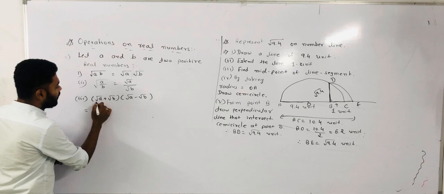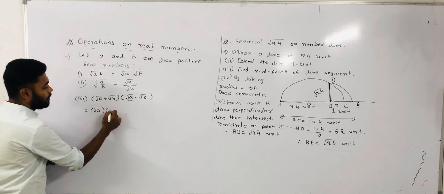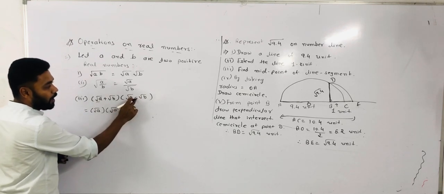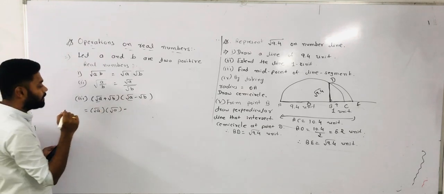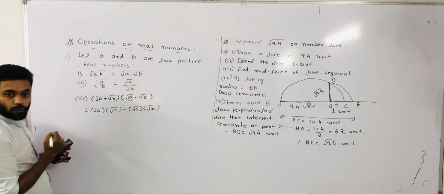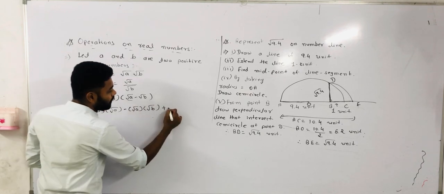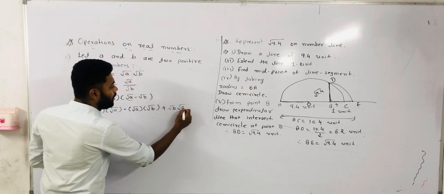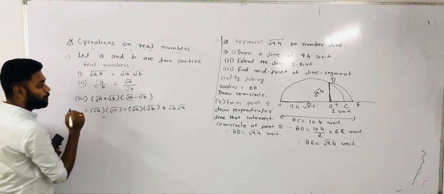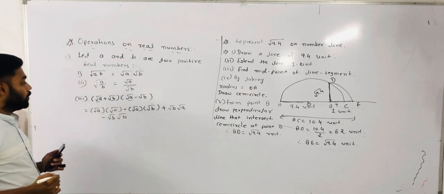So first we will multiply root A into root A, then root A and root B. यहाँ पे माइनस दिया है तो you take sign minus, minus root A into root B. Now multiply root B and root A, तो यहाँ पे प्लस है तो we will use plus sign. Root B into root A, again root B and minus root B, तो plus minus minus, तो minus root B into root B.